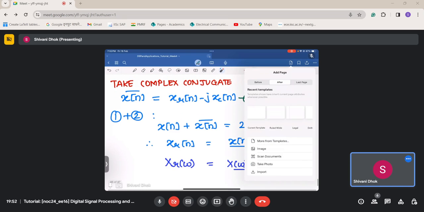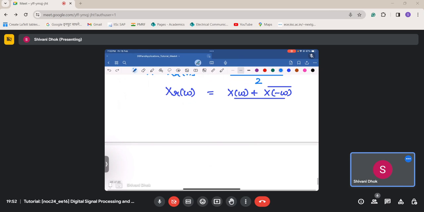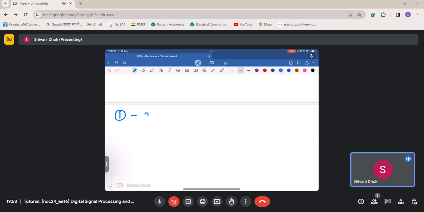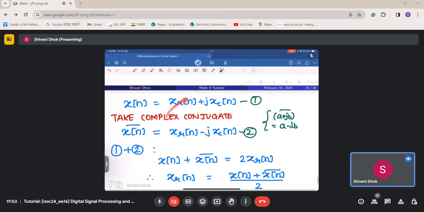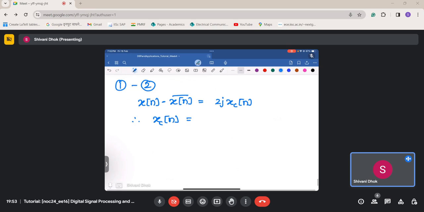So with equation 1 minus 2, we have x[n] minus x conjugate of n, which is equal to 2j times xc[n], since the xr terms cancel and the xc terms add. Therefore xc[n] is equal to x[n] minus x conjugate of n divided by 2j.